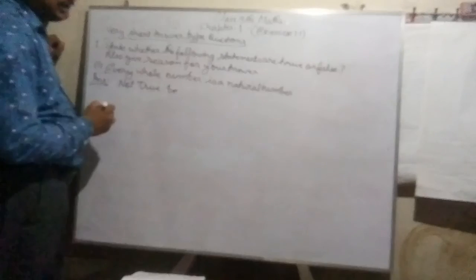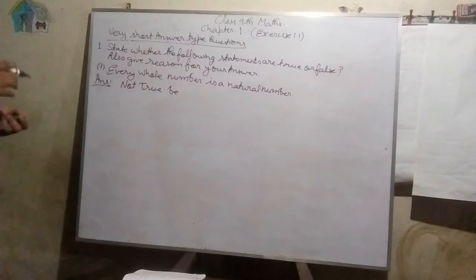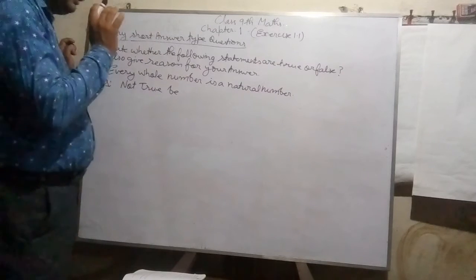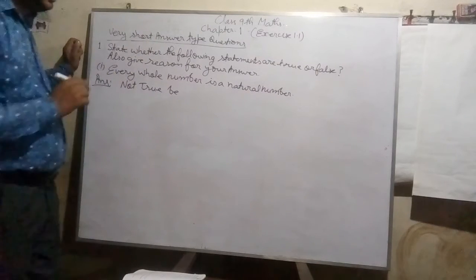क्यों ट्रू नहीं है? क्योंकि होल नंबर में जीरो आता है और जीरो जो है एक नेचुरल नंबर नहीं है.